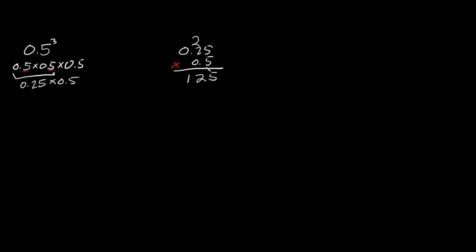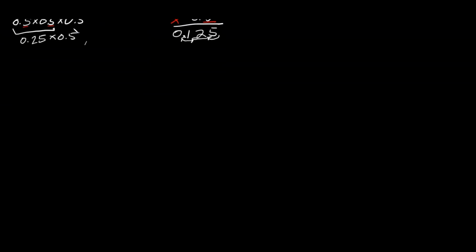There are three numbers here to the right of the decimal place, so we're going to move the decimal 1, 2, 3 places. So now our answer to 0.5 to the third power is 0.125. Hopefully this is making sense, but let's do one more problem with decimals.